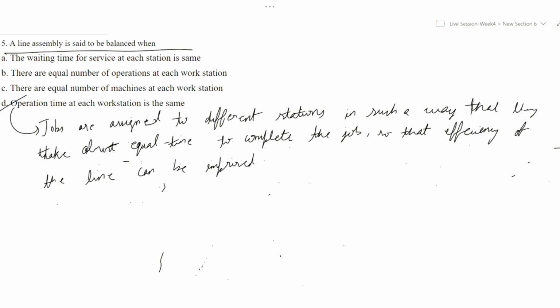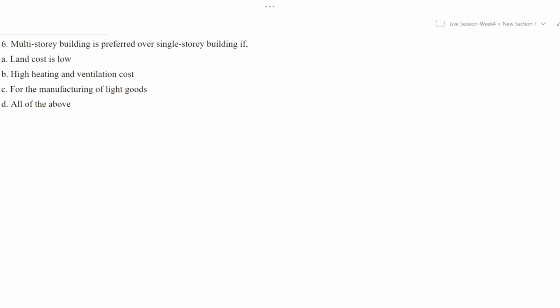So moving to the next question. Multi-story building is preferred over single-story building in which of these cases? In case of multi-story building, for certain manufacturing conditions it doesn't suit, except when the product to be manufactured is very small and light in weight, then this kind of building can be used.